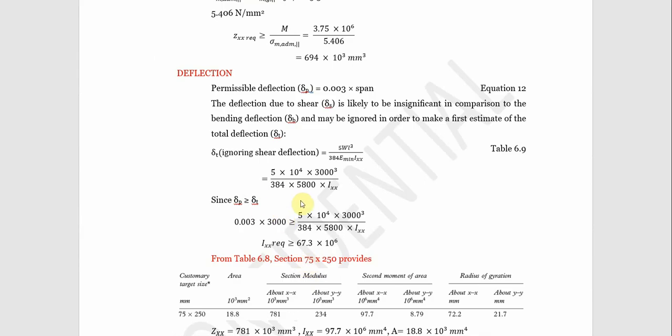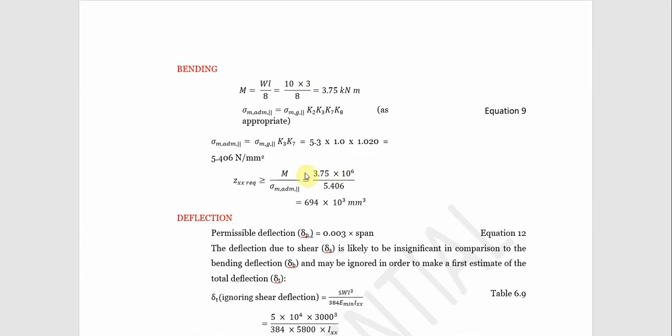So if we take that, we can easily calculate our sigma m, and 5.3 times 1.0 times 1.02 will give us 5.406.